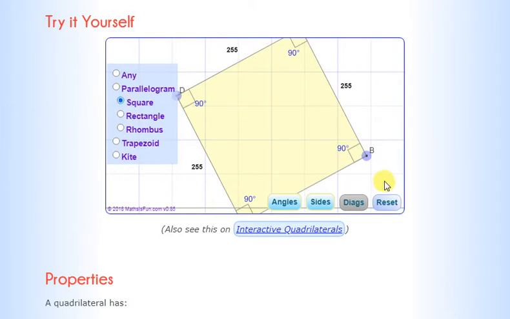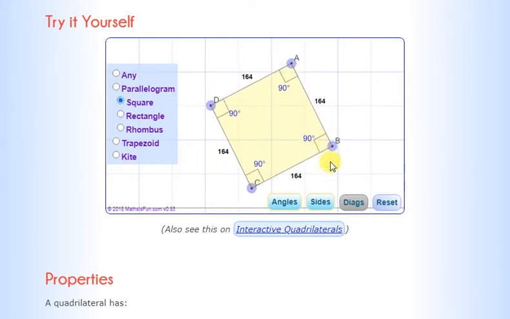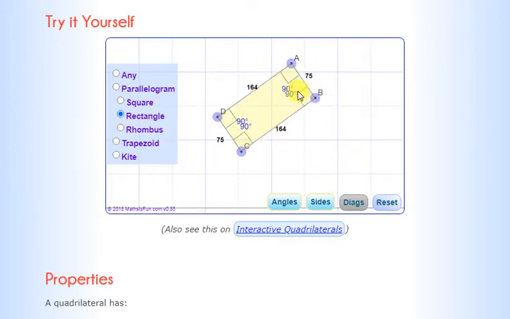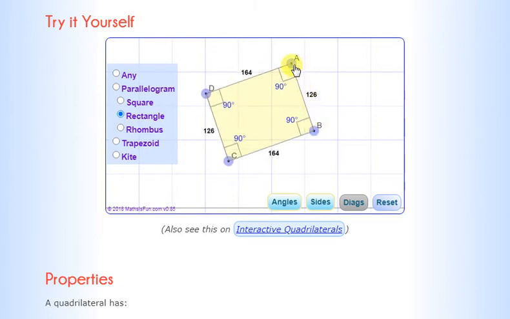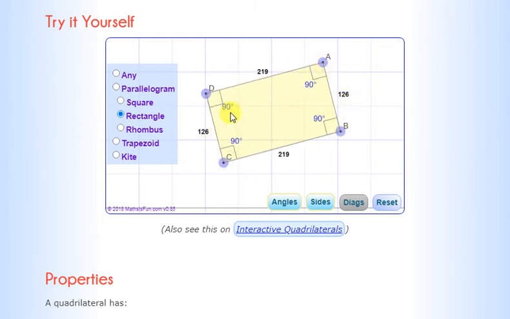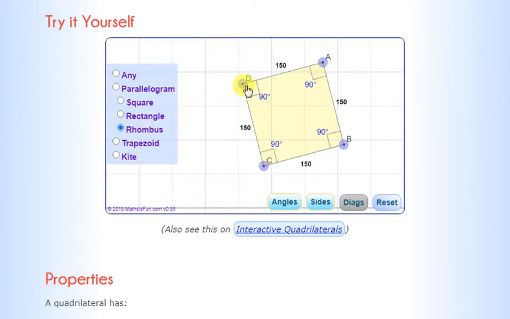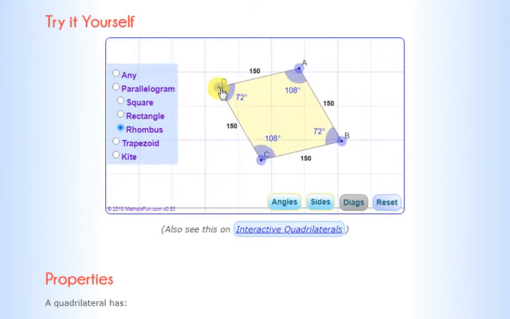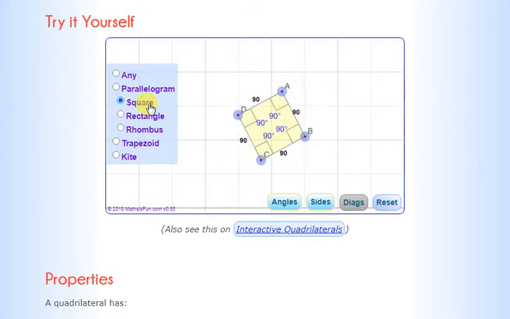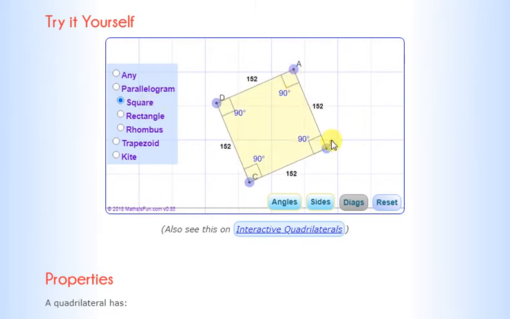Similarly, if you look at the square, a square is a shape that has all equal sides, right? A rectangle again has equal sides, but opposite sides are equal. Not necessarily all sides should be equal, right? Then you have the rhombus. A rhombus is like a square, but it is not necessary to have a 90-degree angle in it, but in a square it is necessary that you have all right angles, 90-degree angles.